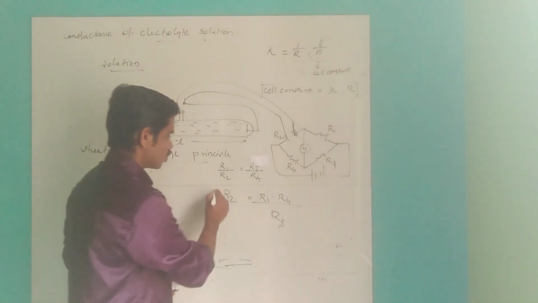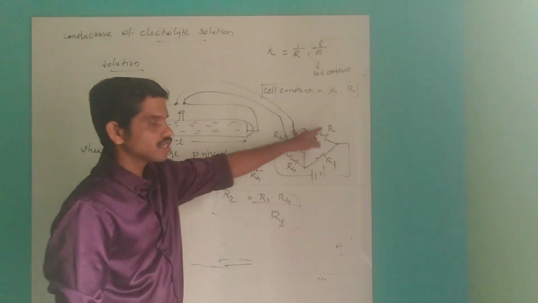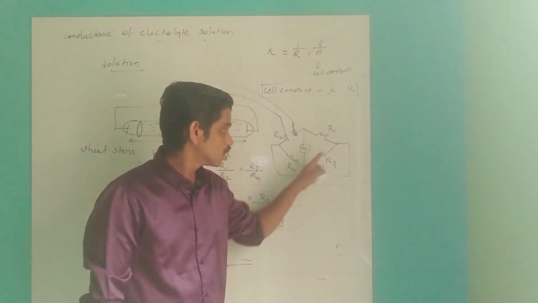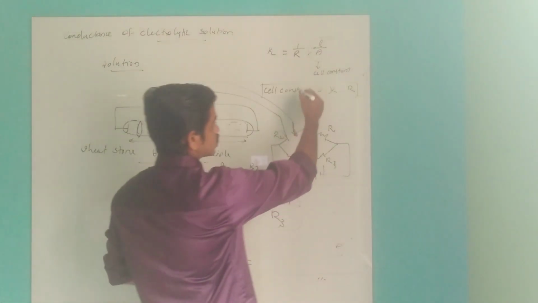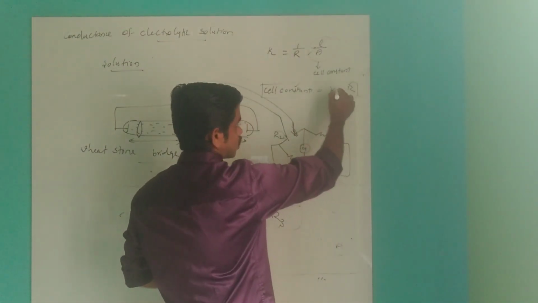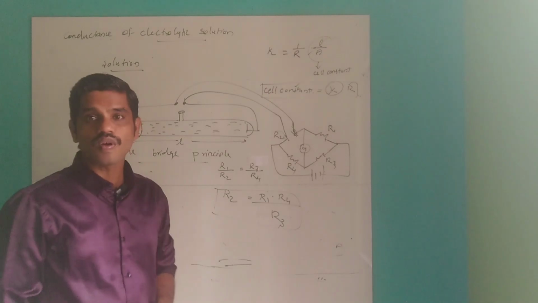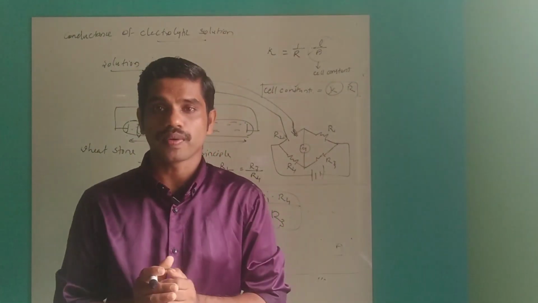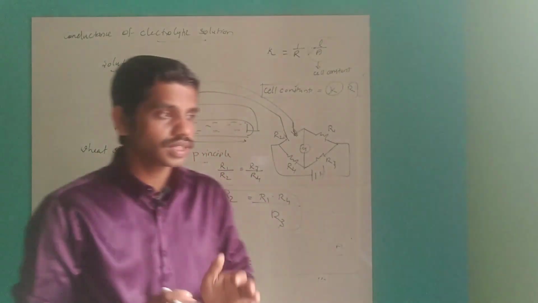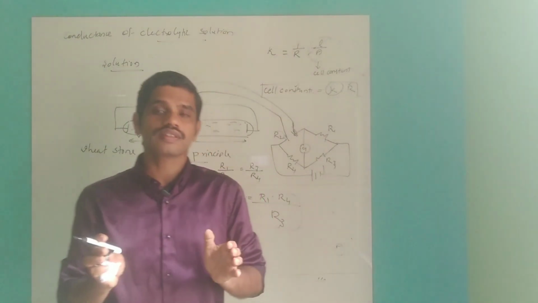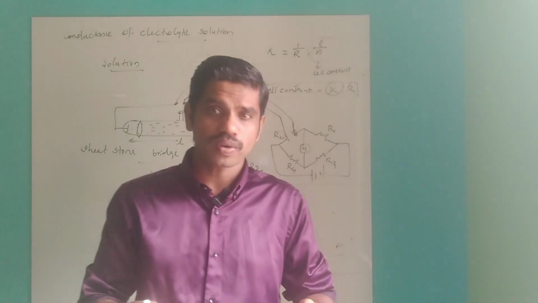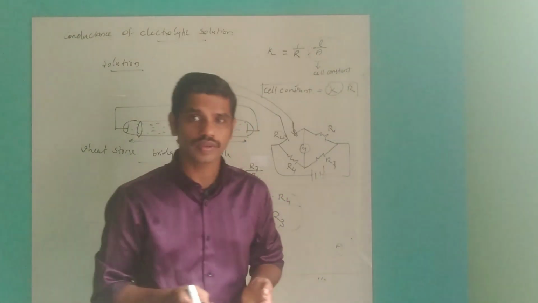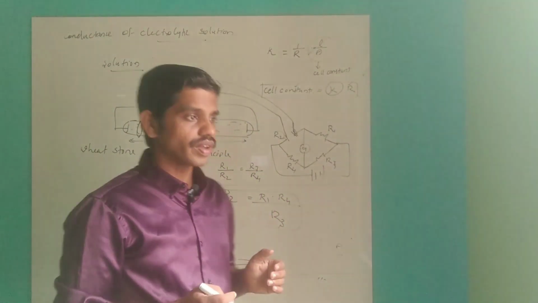So if you know the resistances, you can find the unknown resistance. Now you know the cell constant and the resistance, so you can find the conductivity of the electrolyte. This is the way of finding the conductivity of any electrolyte, strong or weak.